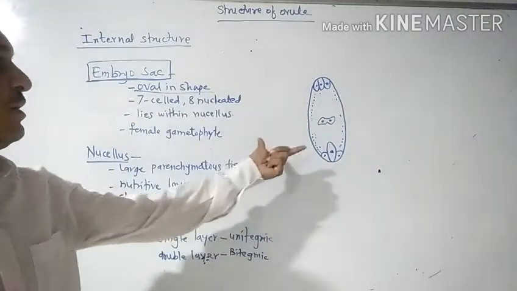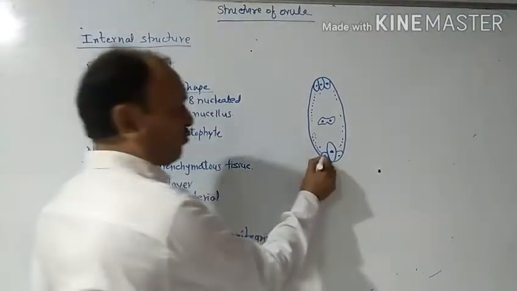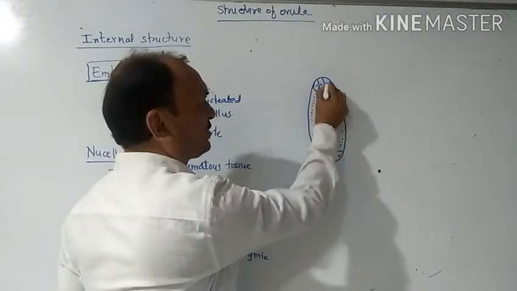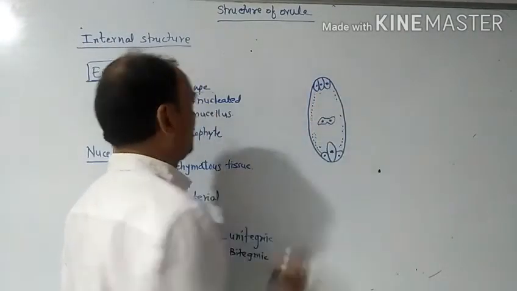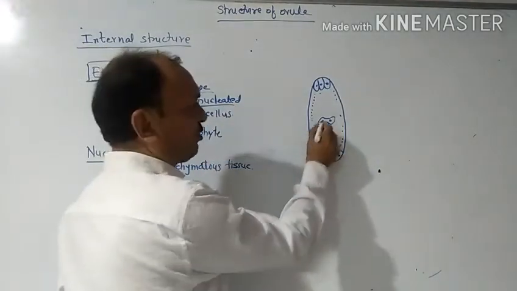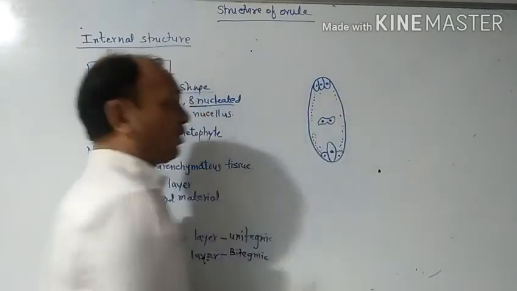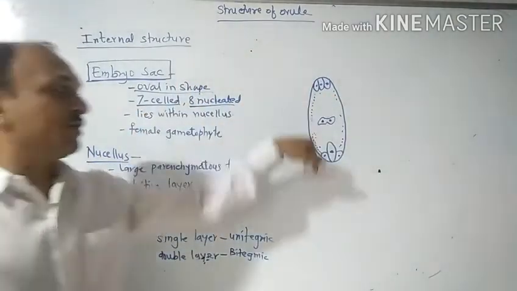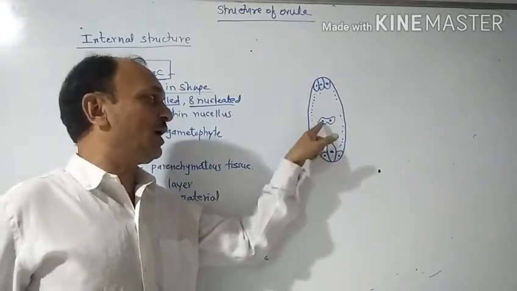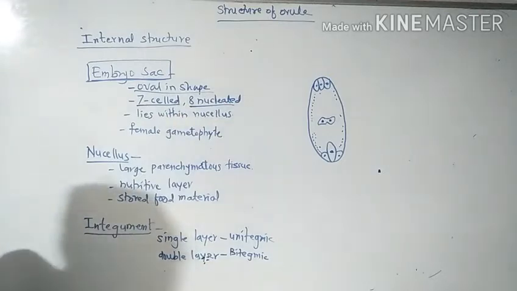It is 7 celled: 1, 2, 3, 4, 5, 6, and this is the one entire cell. And 8 nucleated, which means the nucleus is double here. So 3 and 3 make 6, and this has 2, making 8. So it is 8 nucleated and 7 celled: 3 upper, 3 lower, and in the center one single cell.